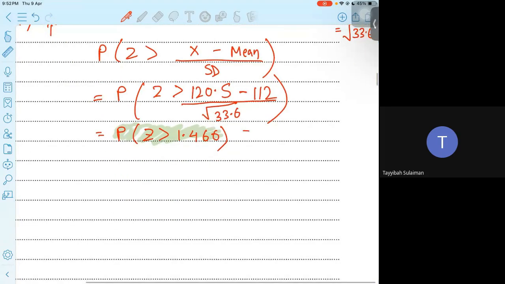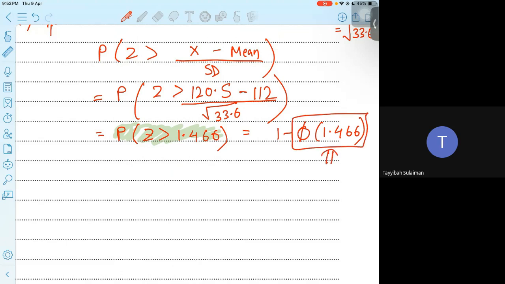The formula for this is 1 minus phi of 1.466. I can plug this into the calculator or use the table to find the value. If I use my calculator, I'm going to get this. So my final answer is something along the lines of 0.0713.